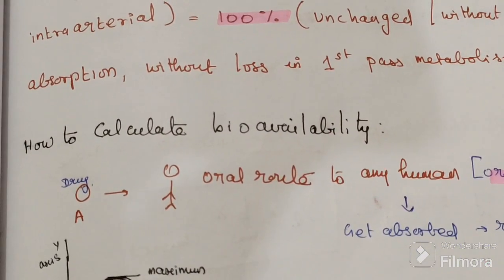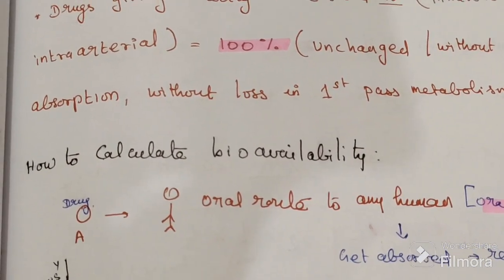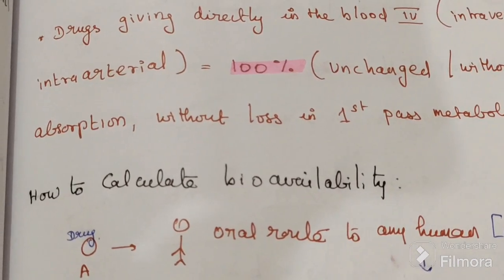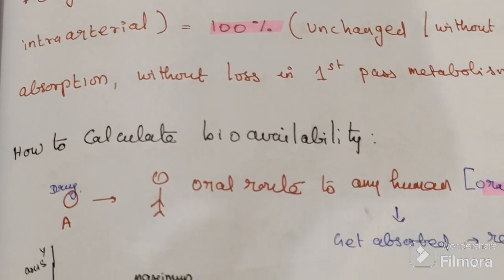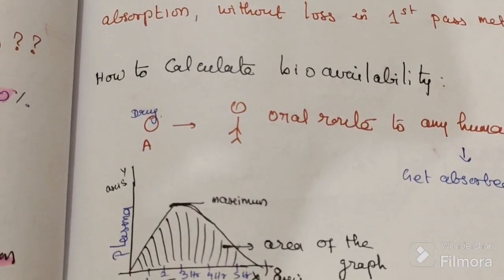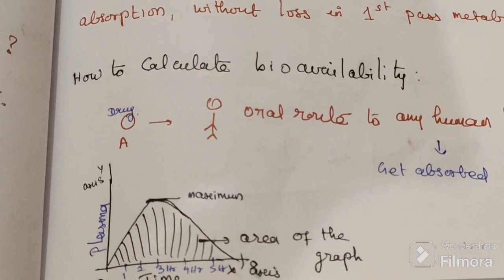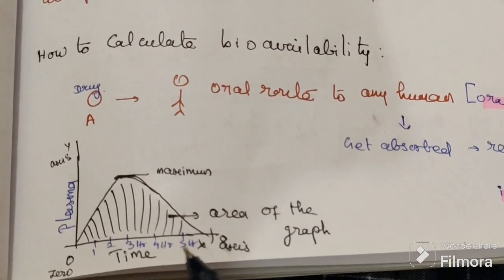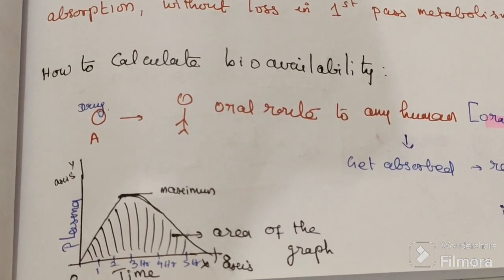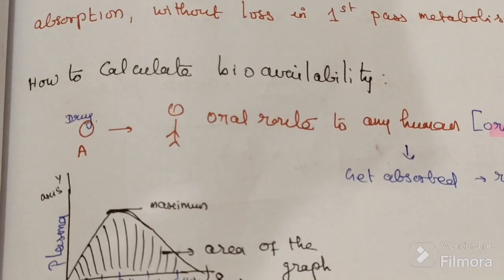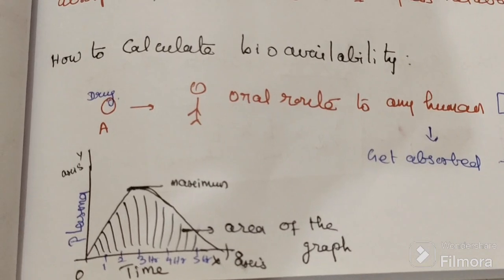If I give the drug to any human via the oral route, how do we calculate that bioavailability? We have an easy way. Make a graph between two things, x-axis and y-axis. I have taken a tablet by the oral route.